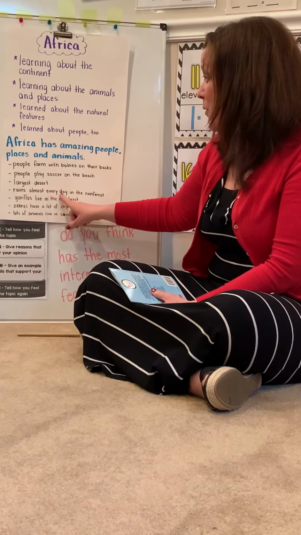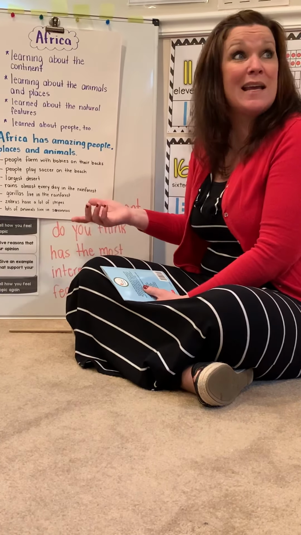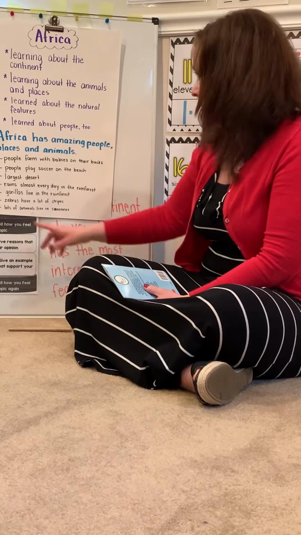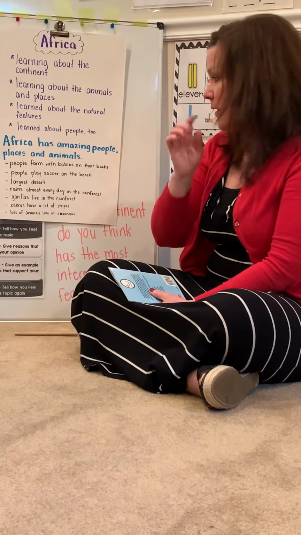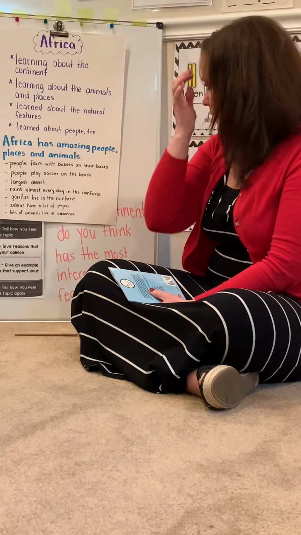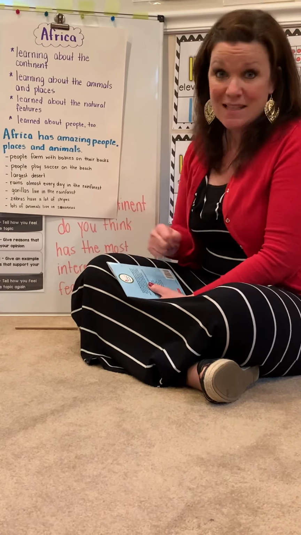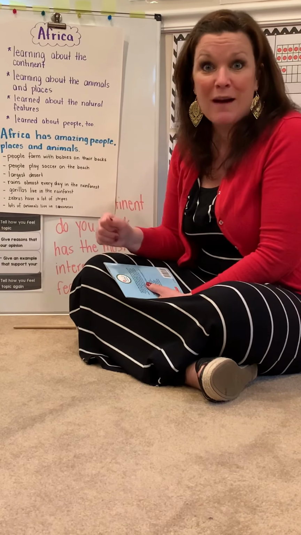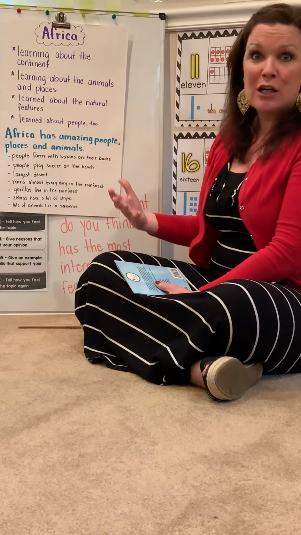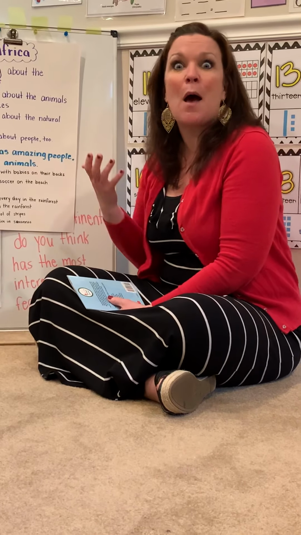It rains almost every day in the rainforest. That's interesting. It's raining today here, but it doesn't rain every day. Gorillas live in the rainforest. I'd like to see a gorilla. Zebras have a lot of stripes. They're really cool animals that live in the savannah. And matter of fact, lots of animals live in the savannah. Zebras, lions, giraffes. So Rebecca Hirsch makes an interesting point that Africa is amazing.